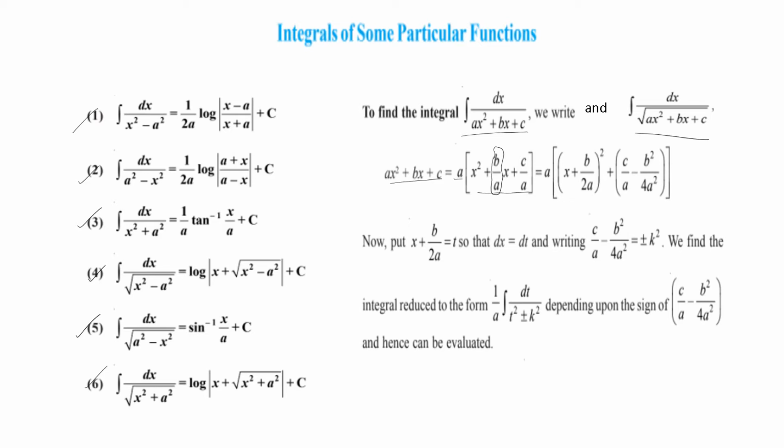So we will add and subtract b upon 2a whole square, as we have already done while deriving the quadratic formula. So it becomes x plus b by 2a whole square, and the subtracted term is added to the constant term.